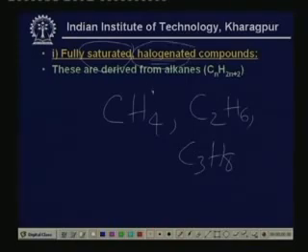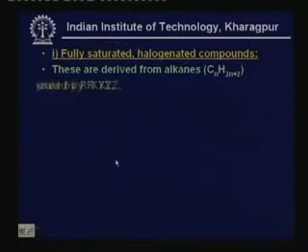The hydrogen atoms are partly or fully replaced by other atoms, for example atoms of chlorine, fluorine, bromine, etc. The total number of atoms in the molecule is always equal to 2n+2.